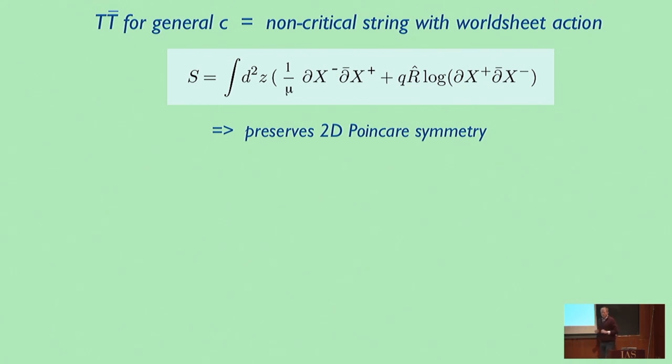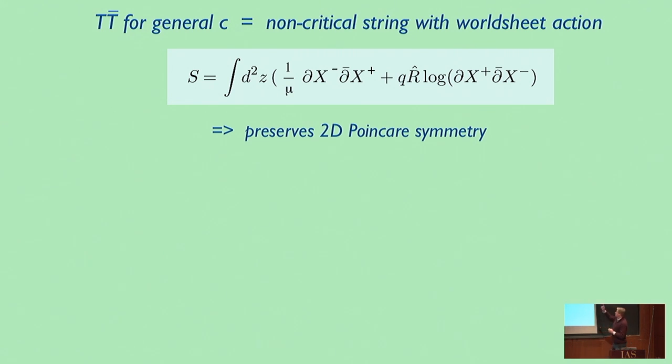There's a way of doing non-critical string theory, which is a bit similar to what Andy and Joe Polchinski did a long time ago. This is actually a simpler version of what they did, because essentially what I can do is I can take this light cone part of the string theory. If I don't worry about 26-dimensional Poincare invariance, but I only worry about 2D Poincare invariance of the x plus x minus direction, there's a very easy way of making this string theory non-critical.